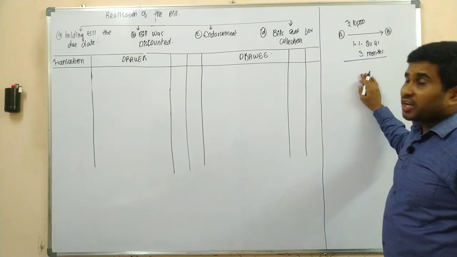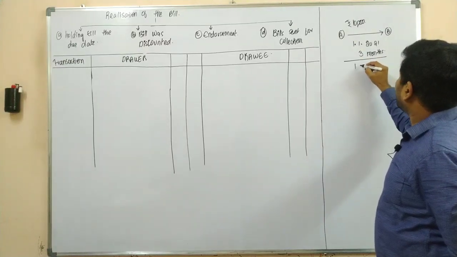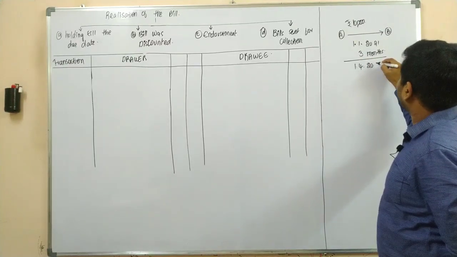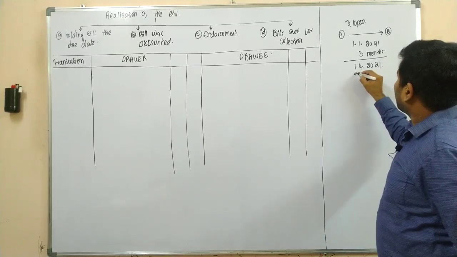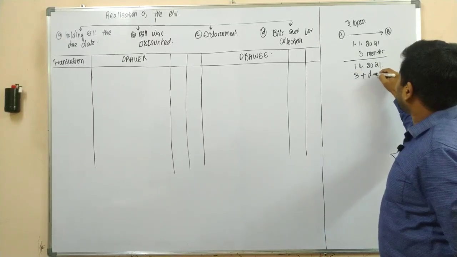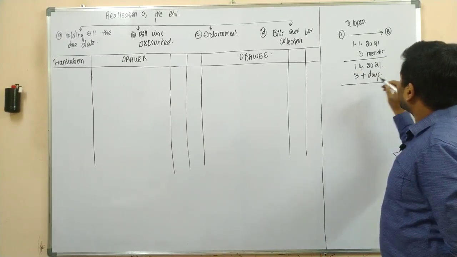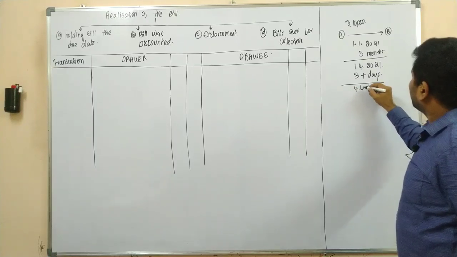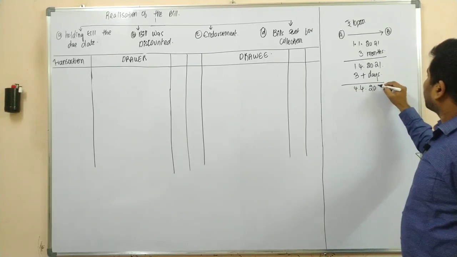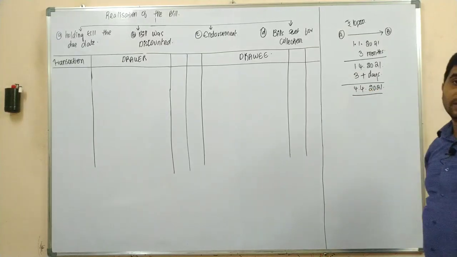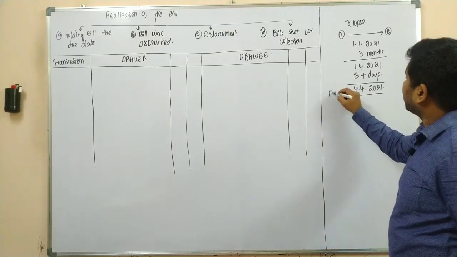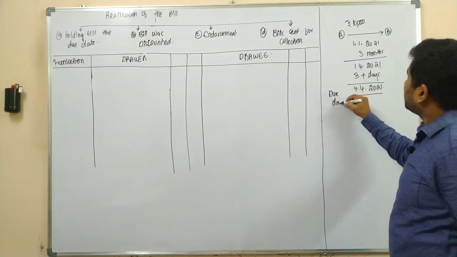So upon allowing 3 months of credit, the date would be 1/4/2021 and if we add 3 days as grace, the due date would be 4/4/2021. Yes or no? So this 4/4/2021 is nothing but your due date.